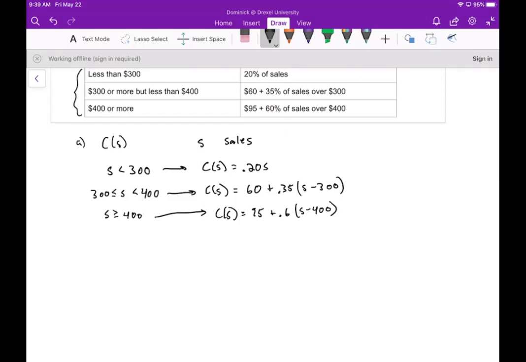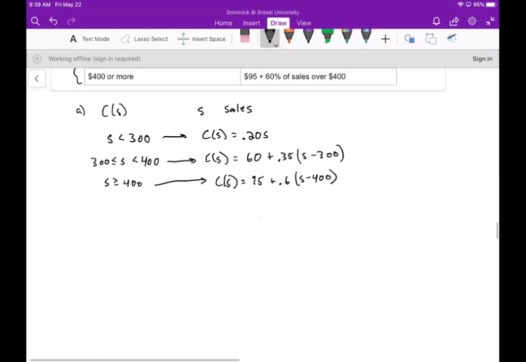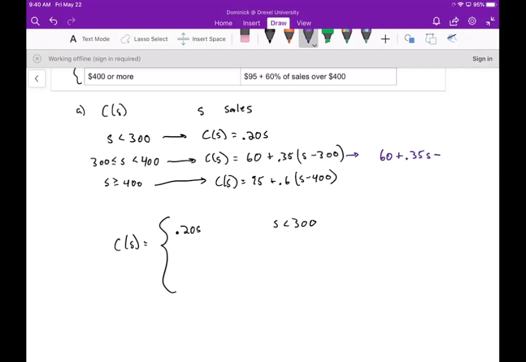Of course you could simplify these if you wanted to, which we'll actually do because that will help us. So C of S is equal to three different things depending on what your S values are. If S is less than 300, it's 0.20 S. Now, if we simplify this, I'm going to get 60 plus 0.35 S minus 0.35 times 300, which I'll punch out in the calculator, 105.